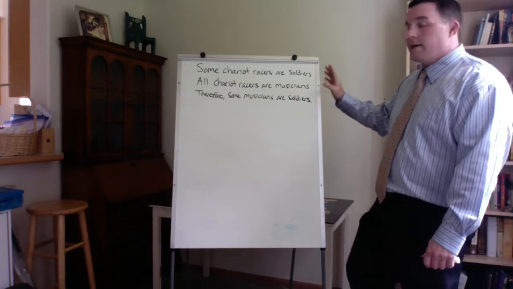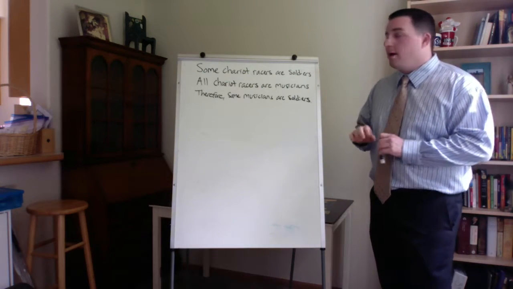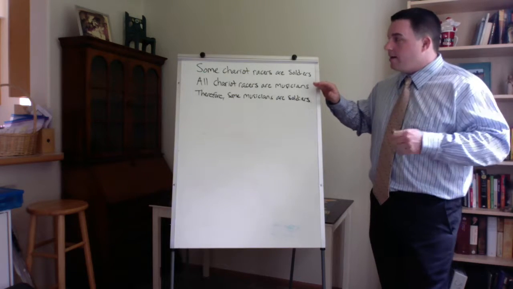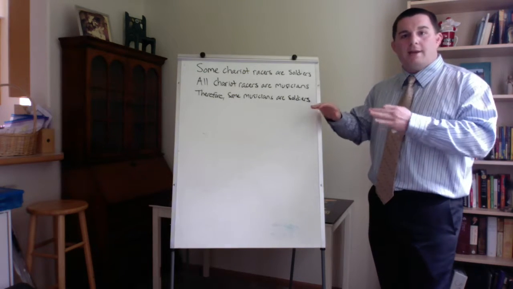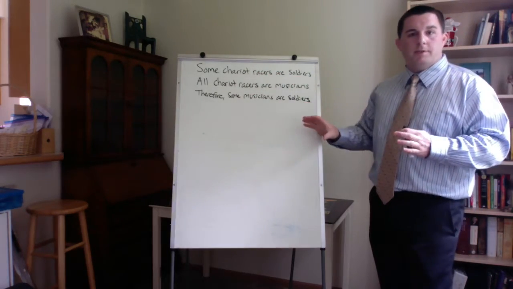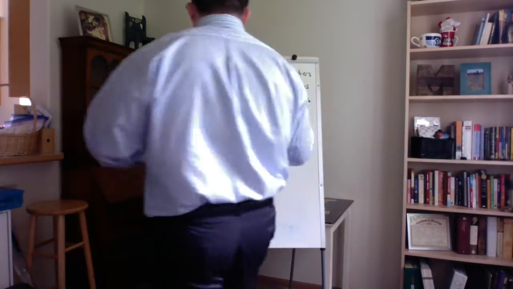Okay. Now, I didn't point this out before, but it might be helpful. If you have an argument like this, I find it somewhat helpful if you break it down into its form. So just use the letters to substitute for the groups here. Let me show you what I mean.